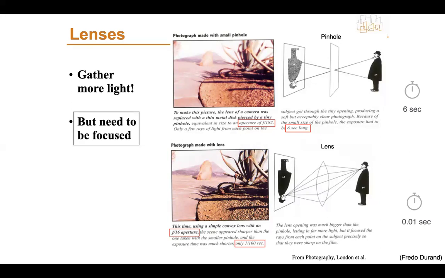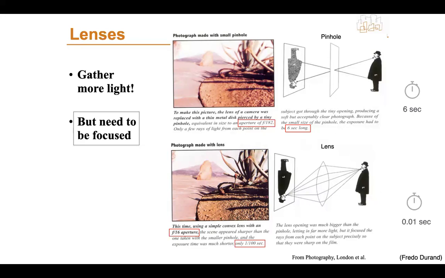So this is a comparison. We have a simulation of a pinhole camera with a very small aperture, and we need like 60 seconds to get the top image with the right exposure. But then if you have a regular lens with an aperture of f/16, we have an exposure time of 1/100 of a second.